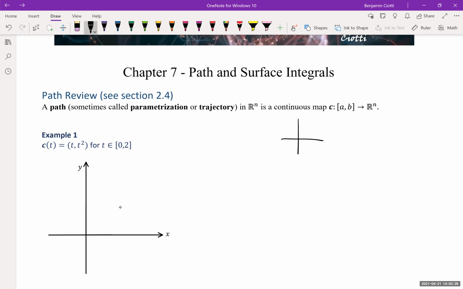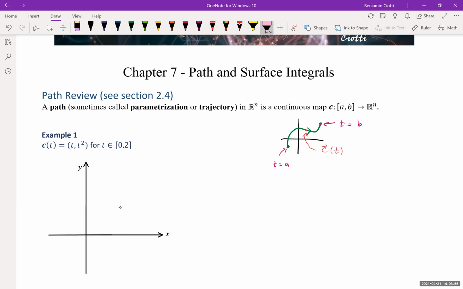They would look, for example, like this. There's a curve. It starts at some point where t is a, and it ends at some point where t is equal to b, and at each point along the curve, the x and y coordinates are c of the corresponding t value.